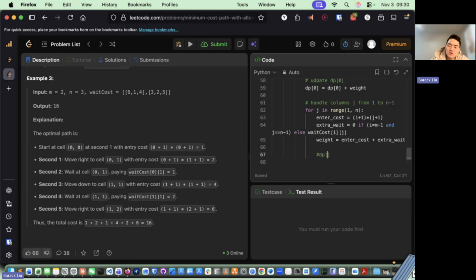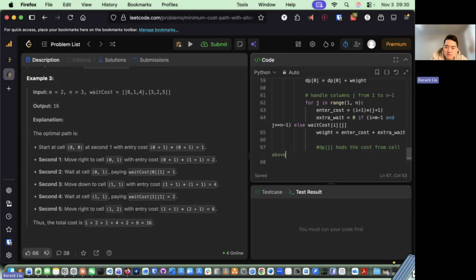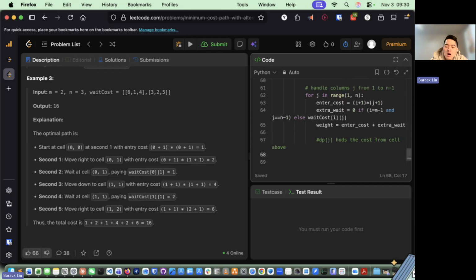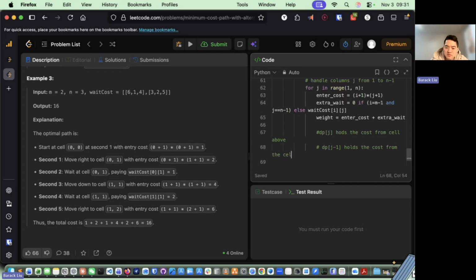So now, dp[j]. The dynamic program dp[j] holds the costs from the cell above, right? From the cell above. dp[j minus 1] holds all the costs from the cell to the left.